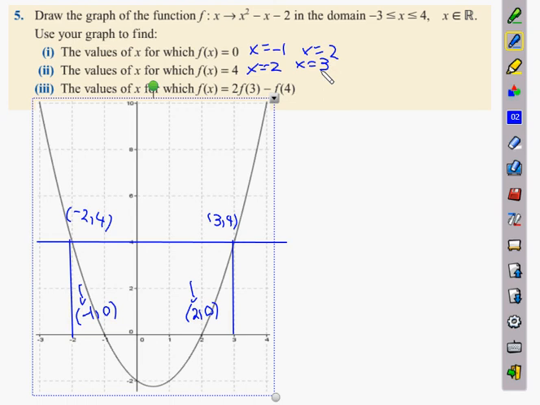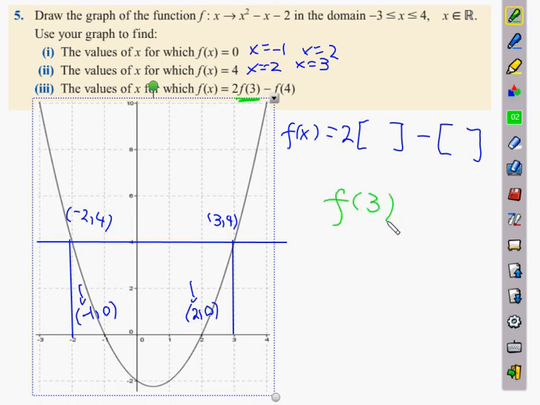Okay, next one's a difficult one. It means 2 multiplied by whatever that is minus whatever this is. So let's figure out what each one is. What's f of 3, lads? f of 3, Ben? That's if the input is 3.